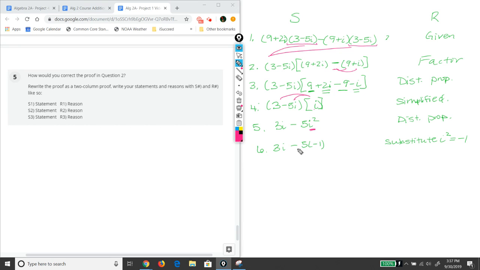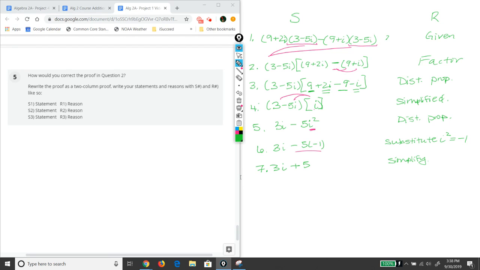All right, so now I'm just seeing some basic algebra there, or really it's arithmetic, so I get 3i, -5 times a -1, positive 5. Now you can say simplify over here, you can say multiply, something to just give me a reason of why there's all of a sudden a +5 there. Okay, and now looking here, these are not like terms. This is a complex number, so that's our final answer.